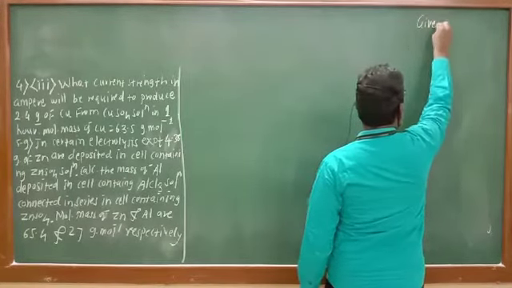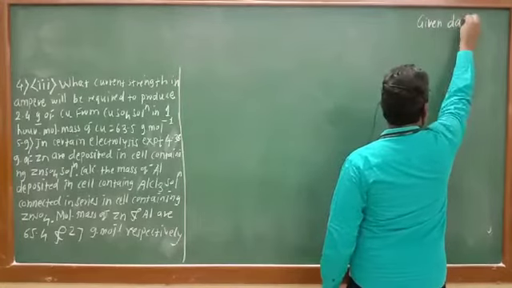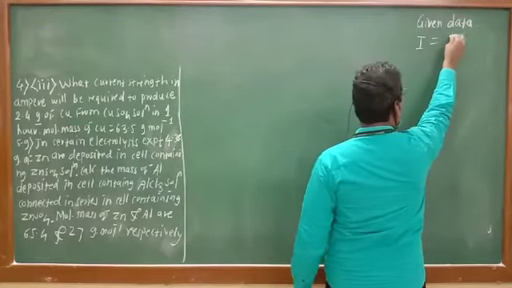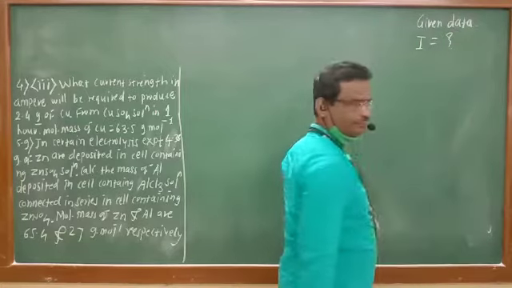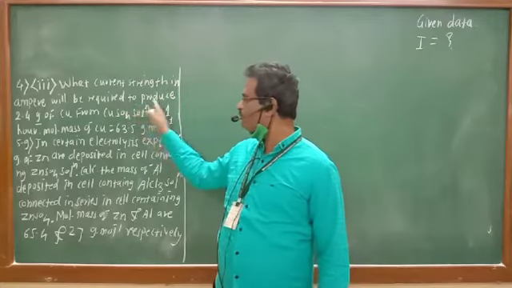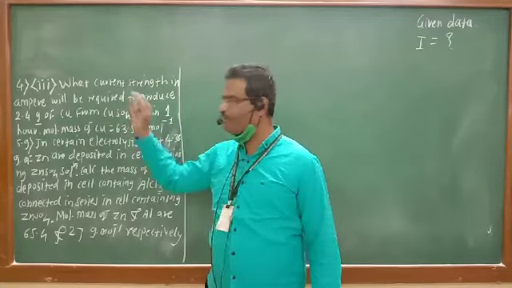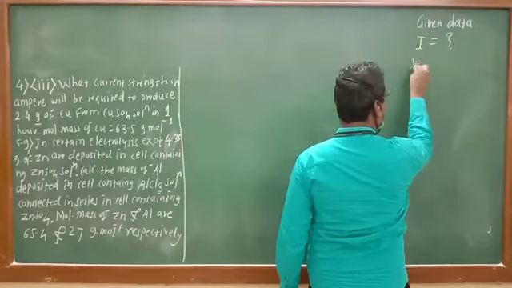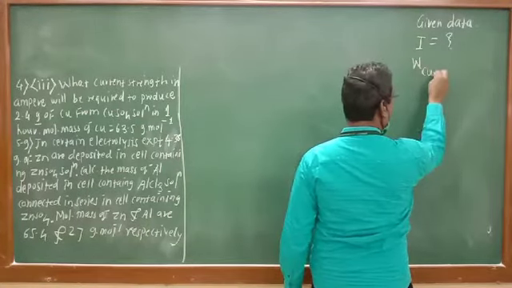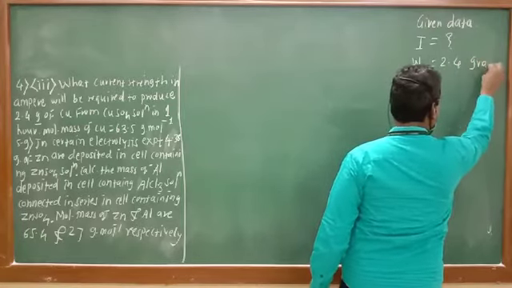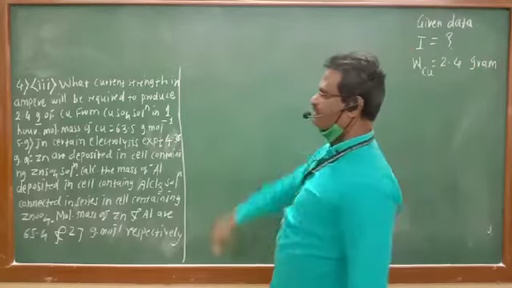So first of all, write down the given data of the problem. Given data: I we have to calculate, the current strength. Required to produce 2.4 gram of copper, means they have given the weight of copper, 2.4 gram. Then what else is given?